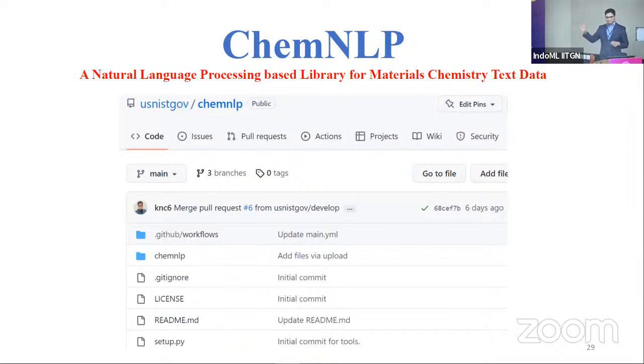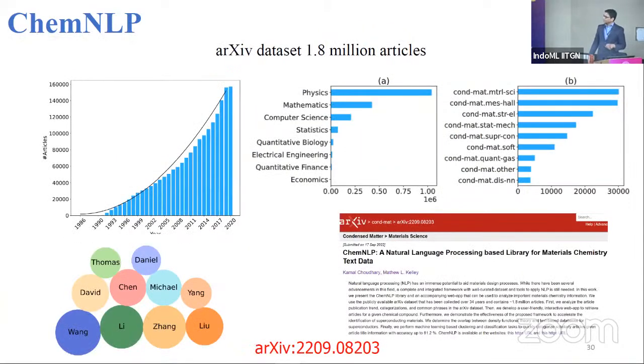Okay, last, I promise this is the last topic: natural language processing for chemistry. I want to point out, and I was just talking to some of you, that in the field of scholarly articles, it's very difficult to get open source data, because usually they have high paywalls and subscription fees and so on. So we use the arXiv data set.